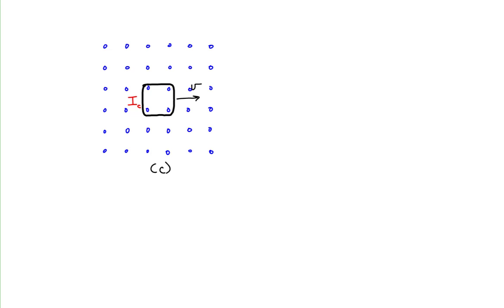As long as it's completely in the magnetic field, the number of magnetic field lines remains constant. Because the number of magnetic field lines passing through the loop remains constant, the rate of change of the magnetic flux is equal to 0. Since the rate of change of the magnetic flux is equal to 0, there can be no induced current. So the induced current for this one is equal to 0.